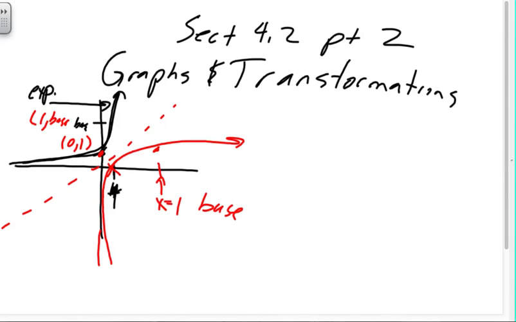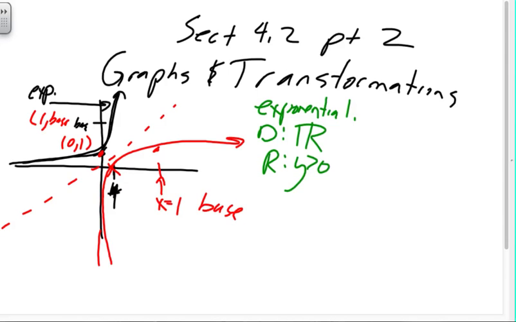Okay, the domain of an exponential. Take a look at this guy: all real numbers. My range, y is greater than 0.